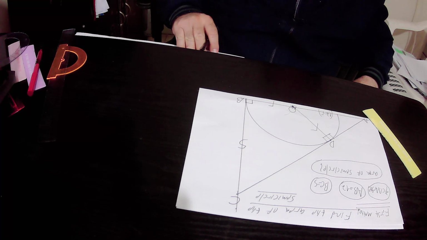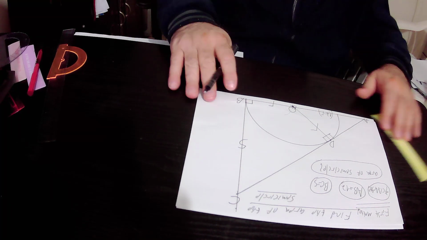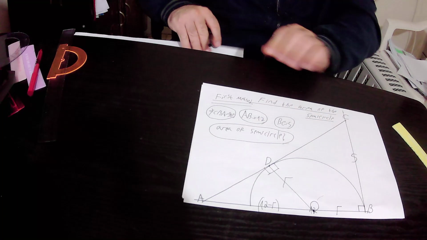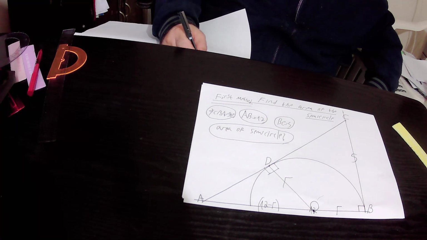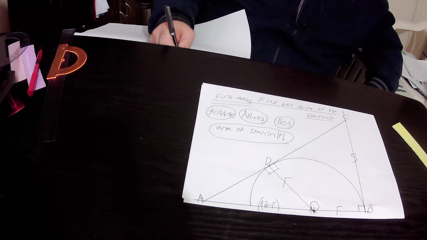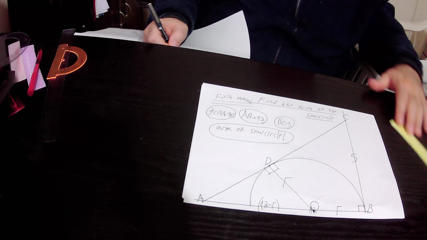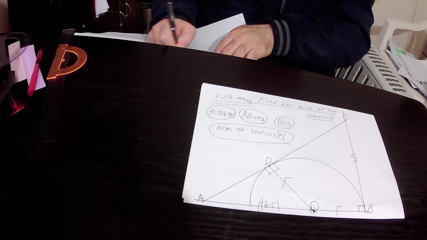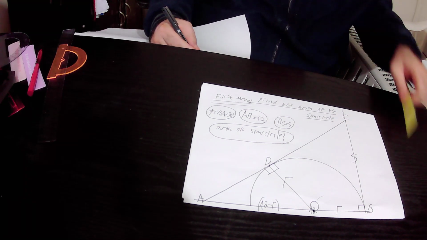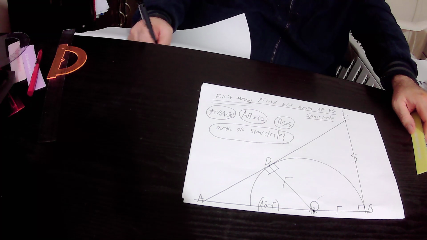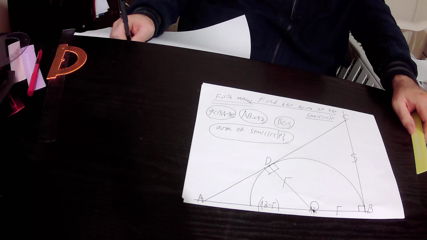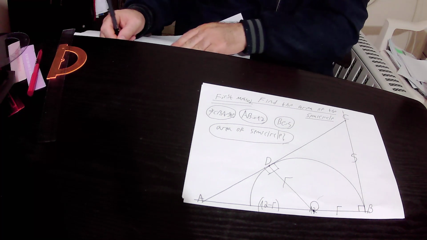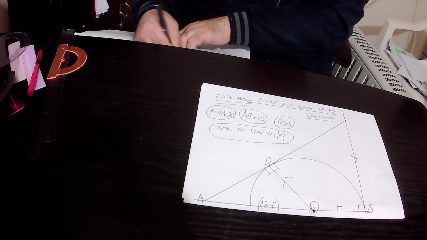So in triangle ABC, the right triangle ABC, according to the Pythagoras theorem, the square of the hypotenuse equals the sum of the squares of the perpendiculars.